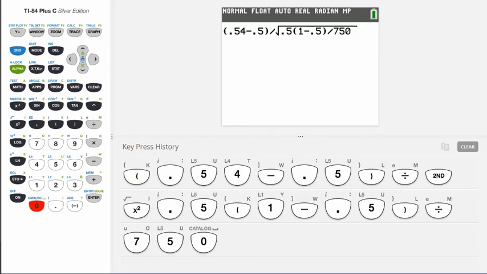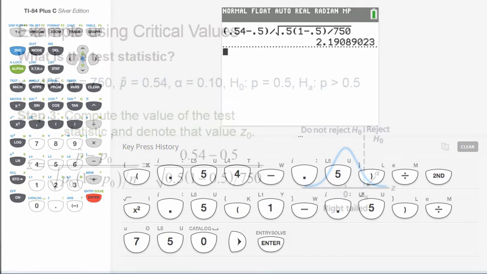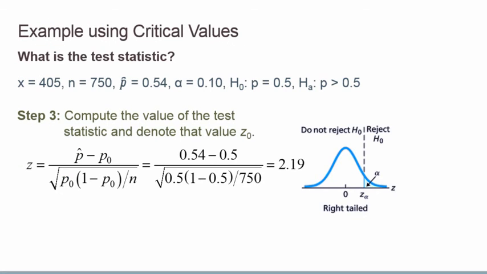Arrow right or close your parenthesis, enter, and I get my z value, which is 2.19. The test statistic is z equals 2.19.